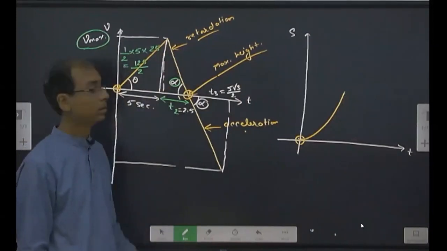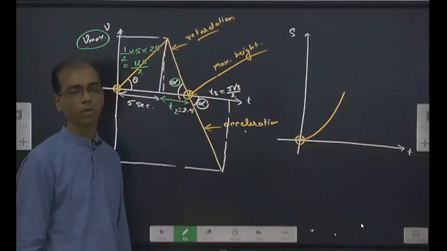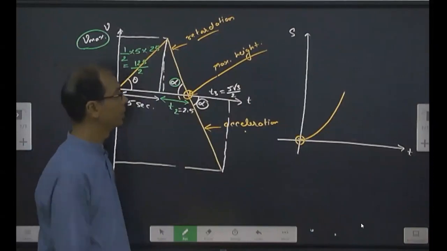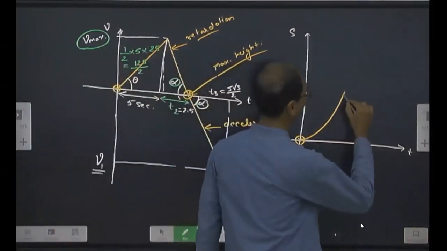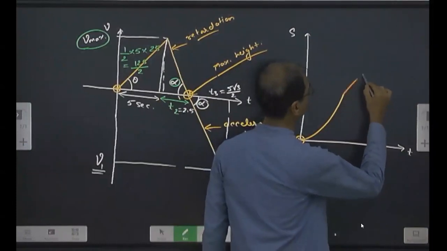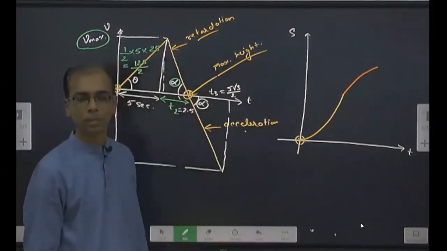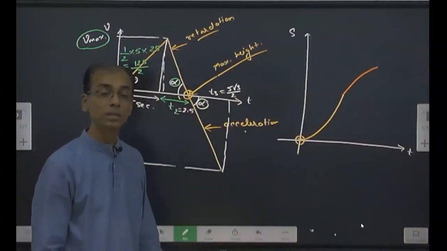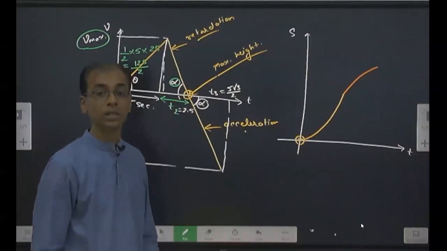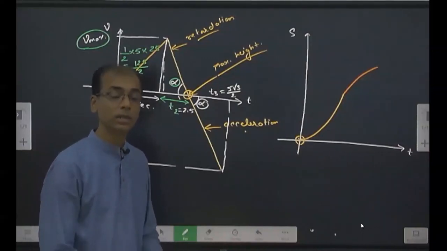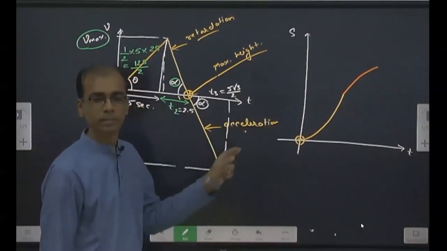Then this part, this is retardation. Retardation is also a parabola only. How will that retardation part be? Like that. The slope is changing then. The change in velocity is decreasing, so that's why it's like this.